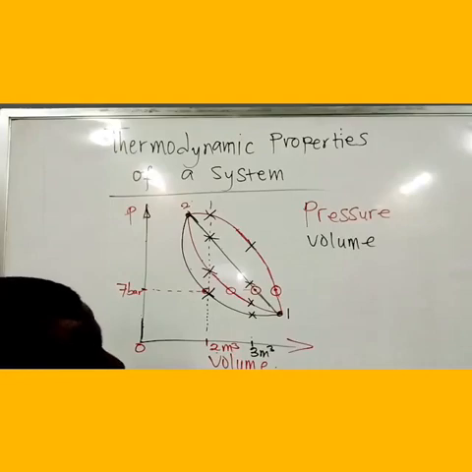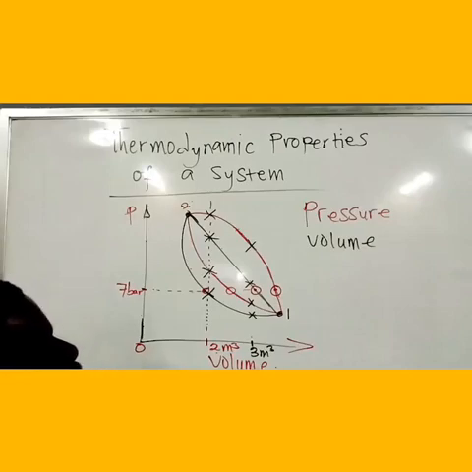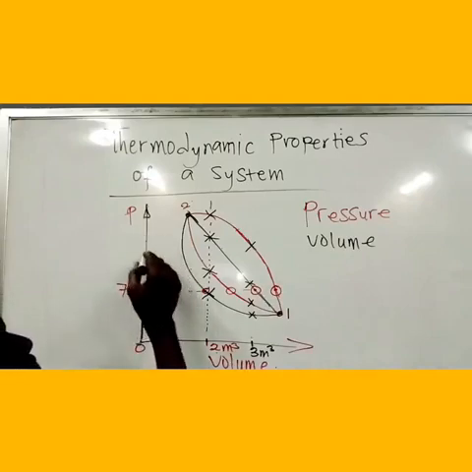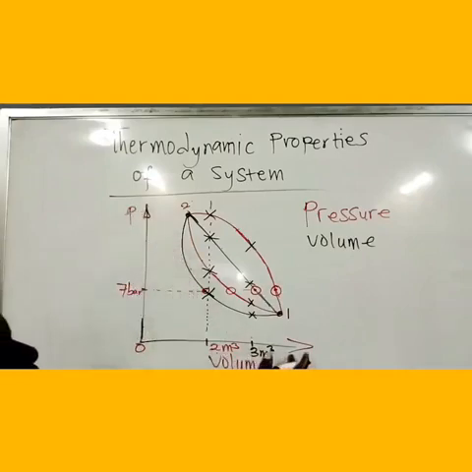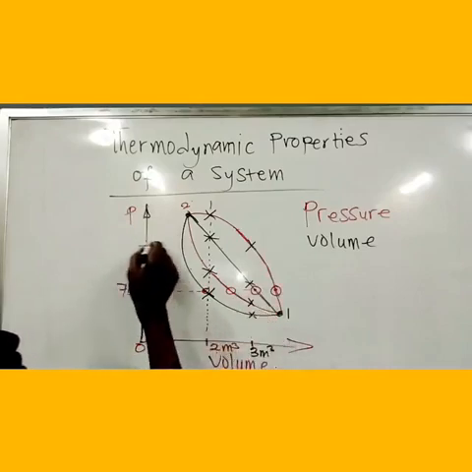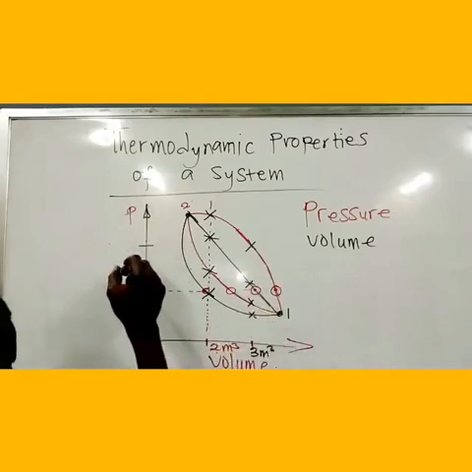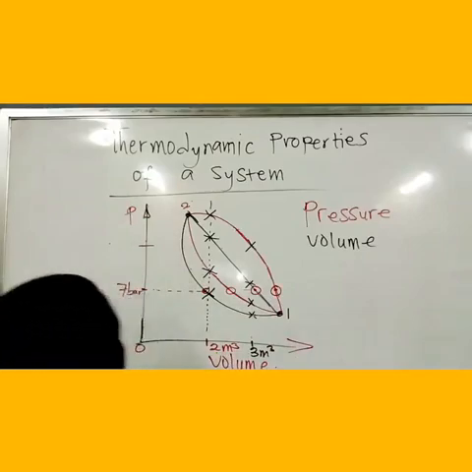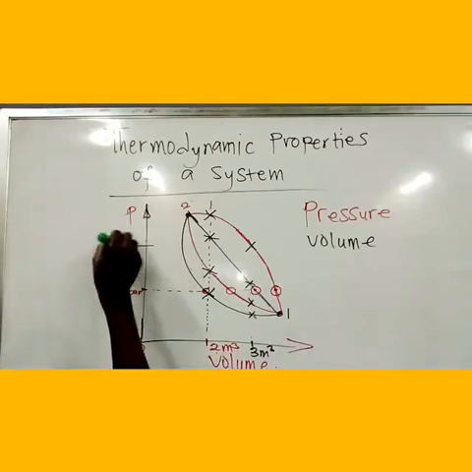If you supply heat to it, volume increases. Now, let's try temperature. If you have a diagram with the vertical or horizontal axis having temperature, let's say 2 degrees Celsius.